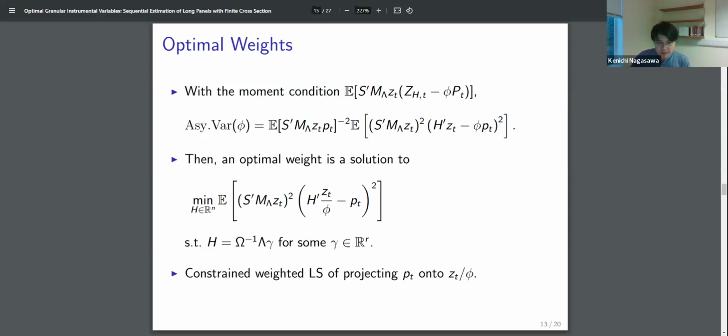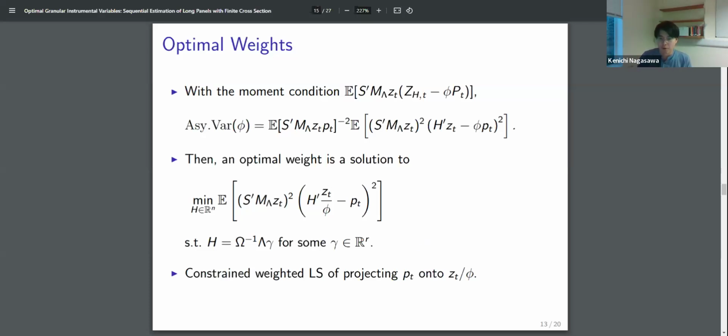So having put it in this way, we can interpret an optimal H to be a solution to this constrained weighted least squares of projecting price onto the disaggregated supply divided by this supply elasticity. This is the result we have, and so looking at this, we see that in some cases the choice of H vector proposed by Gabaix and Koijen might not be the optimal one.